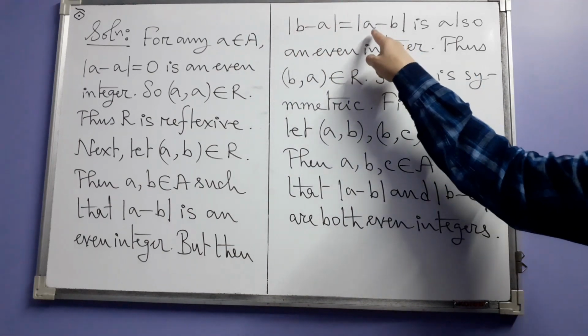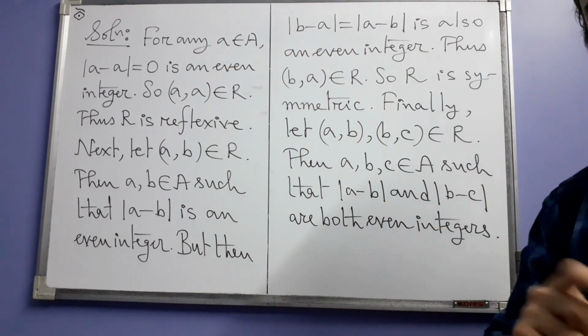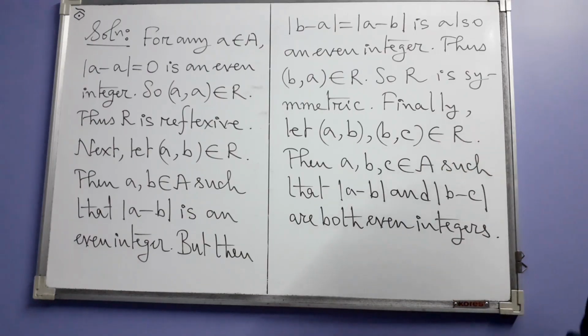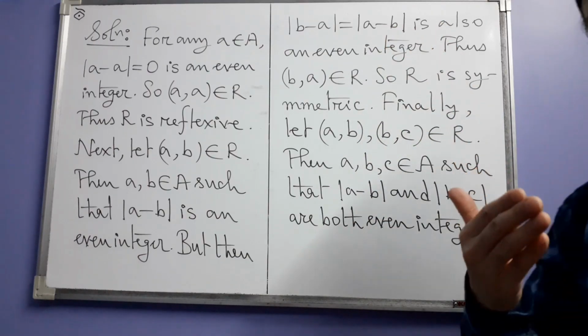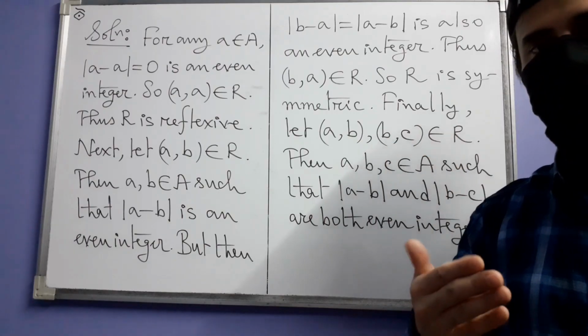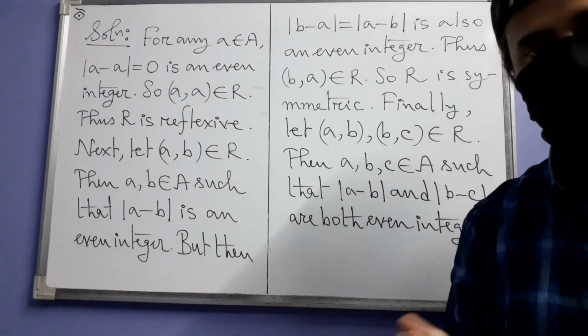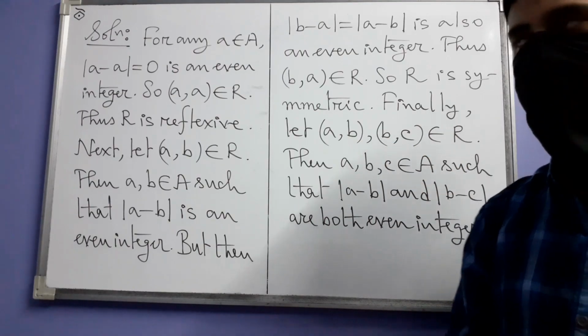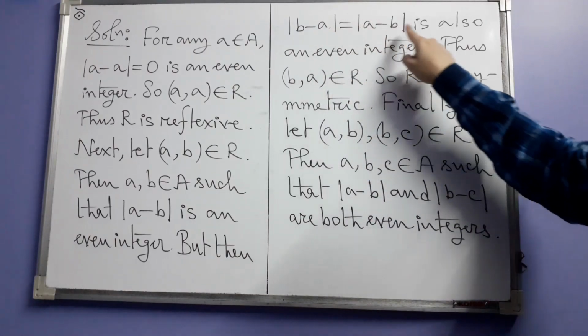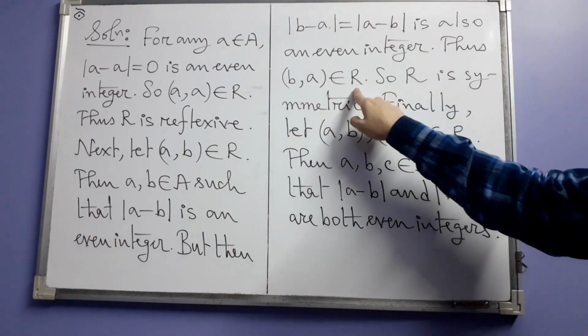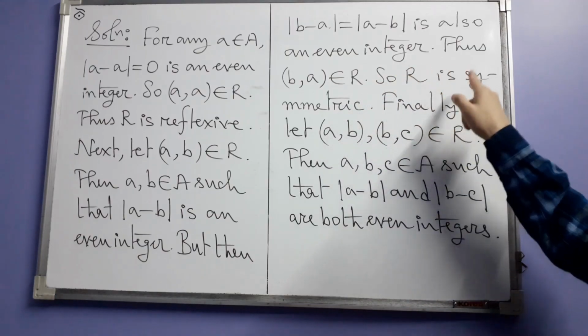So whether you consider A minus B or B minus A, the modulus is going to be the same. It's like considering the modulus of 3 and the modulus of minus 3. Both are equal to 3, like that. So that way B comma A also belongs to R, and so R is symmetric.